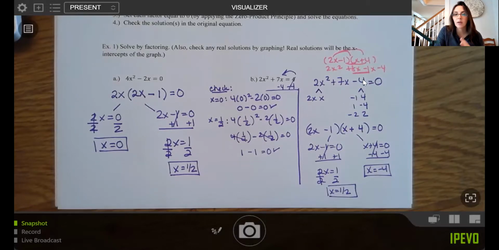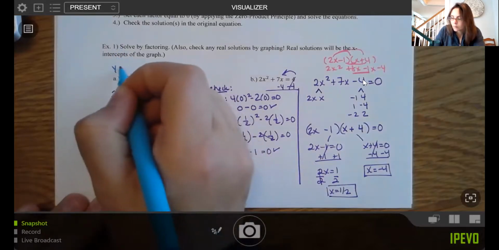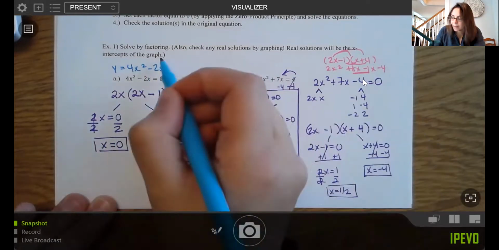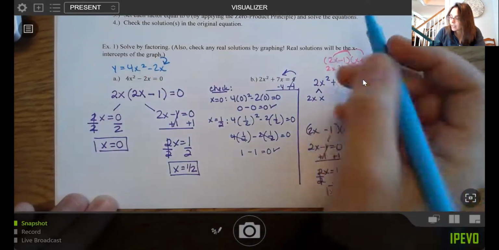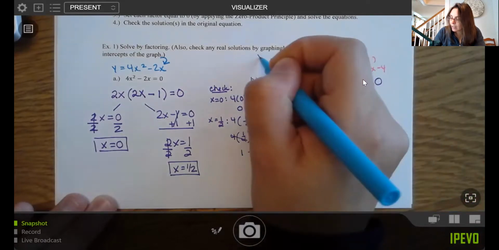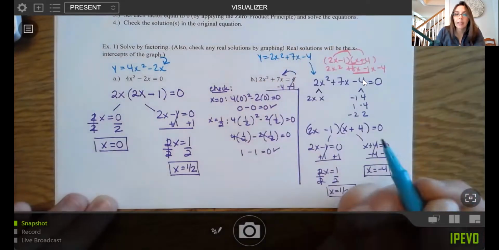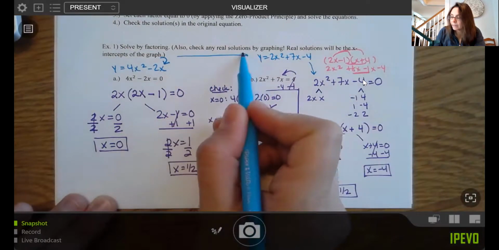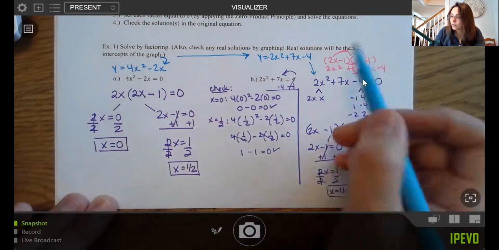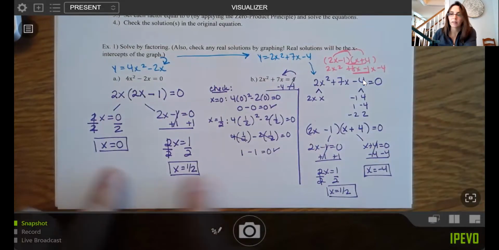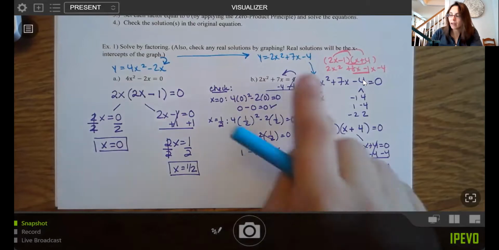So what you're going to do is set y equals 4x squared minus 2x to check by graphing. And then over here, I'm going to use y equals 2x squared plus 7x minus 4, again, to check by graphing. And in those cases, remember, your real solutions will be the x-intercepts. So we should see these values as our x-intercepts on that graph.